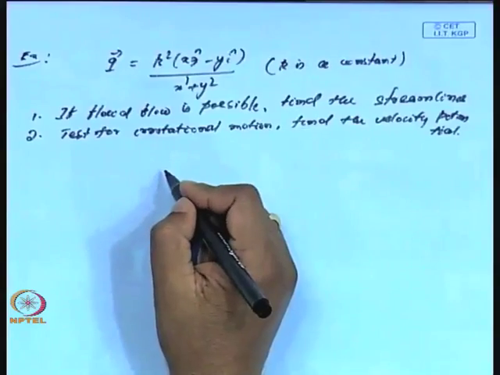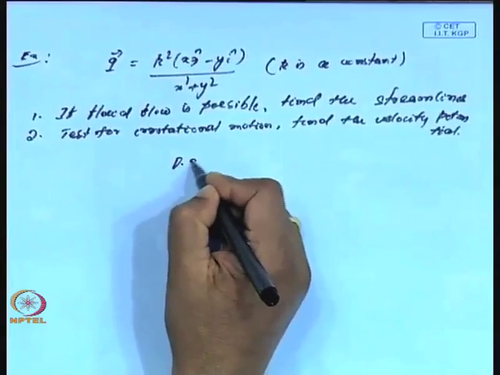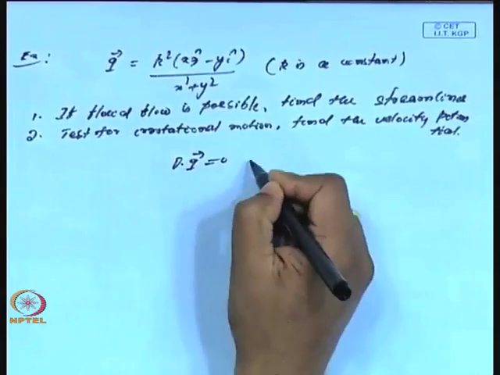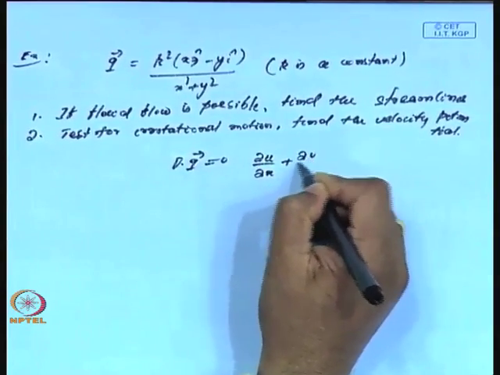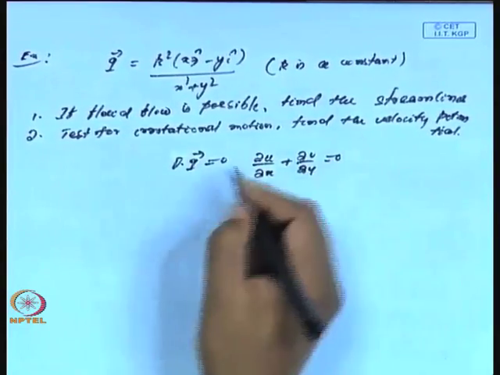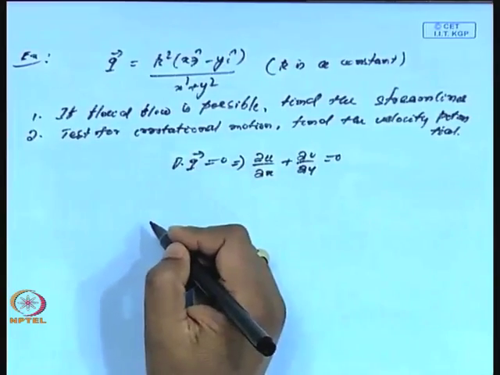First, this is a two dimensional flow, and for a two dimensional flow we have divergence of q bar is 0, that is del u by del x plus del v by del y is 0. This we have to check because it is two dimensional.